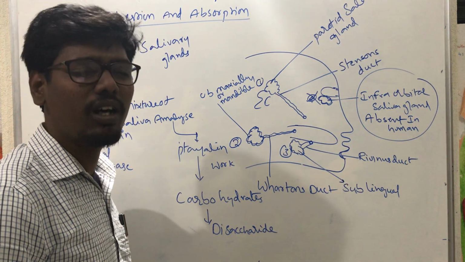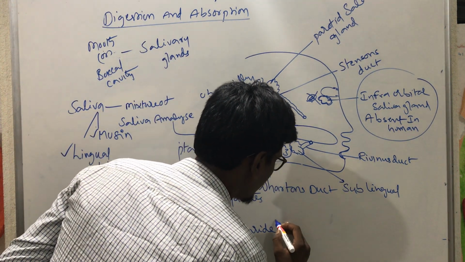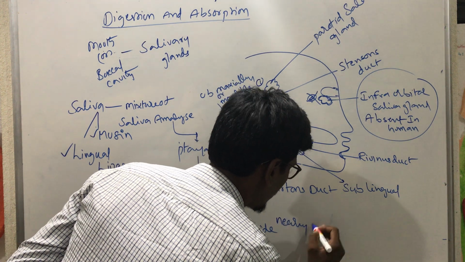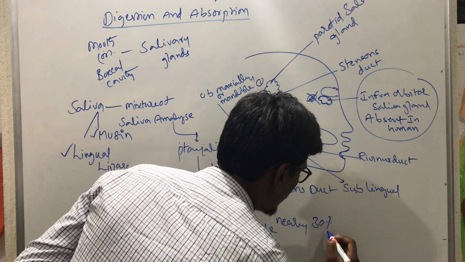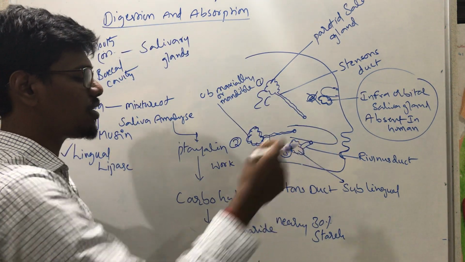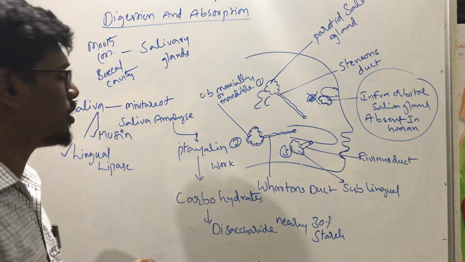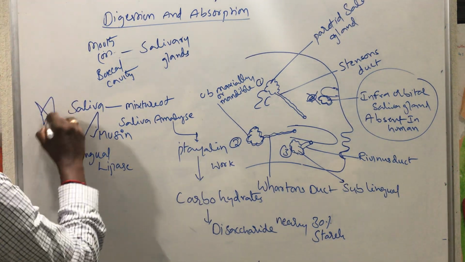Nearly 30% of starch will be digested here in the mouth.